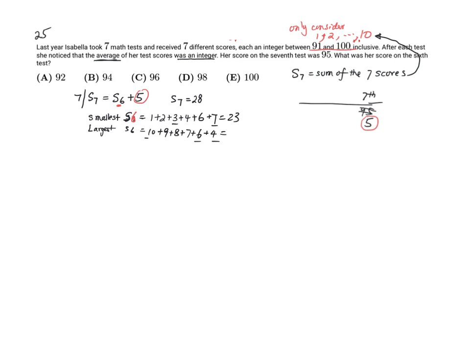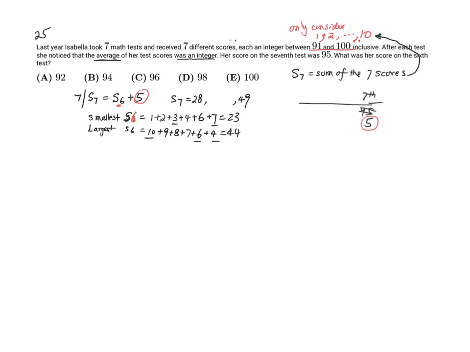If you do the algebra, this is 10, 20, and then 37, 44. So the largest S7 is 44 plus 5, which is 49.